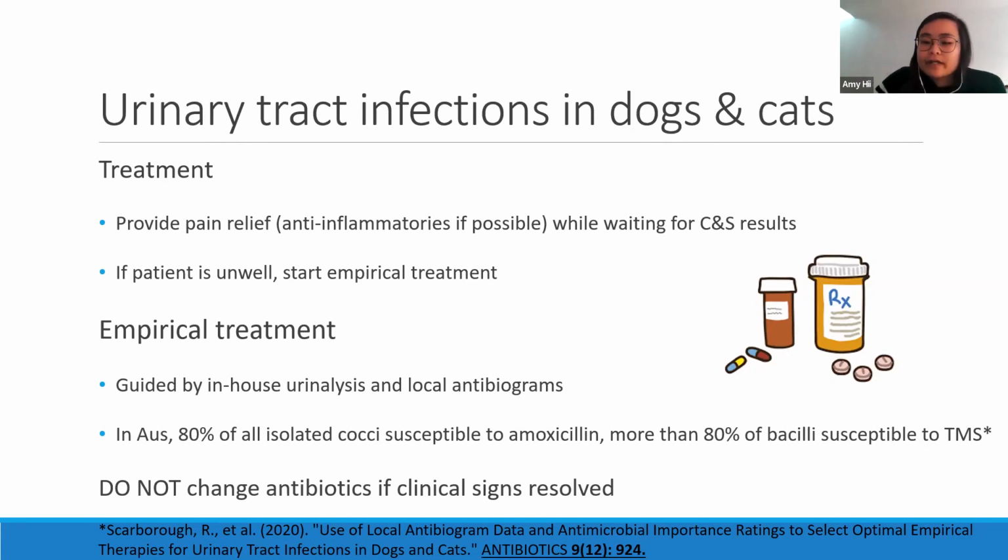Ideally, this type of information should be readily available for various conditions, microbiological organisms, and geographic locations, so that veterinarians can make an informed decision. Once the culture and sensitivity results have returned, the veterinarian should only change antibiotics if the bacteria is shown to be resistant to the antibiotic that they selected and there's no clinical response.